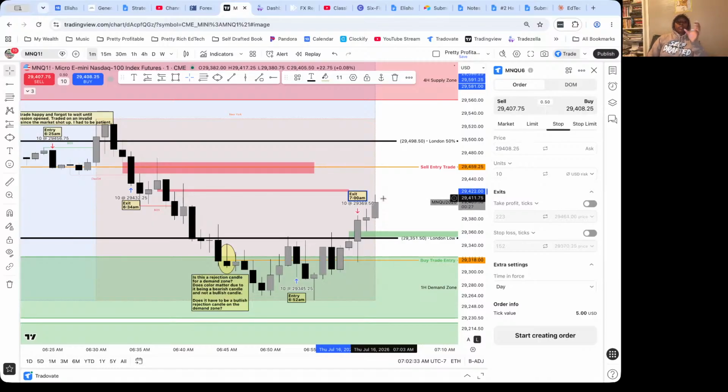The max drawdown you can have in an account, let's say if I got a $50,000 prop firm account, I'm potentially thinking about starting with Take Profit Trader. So the max drawdown that you can have for that account is $2,000.